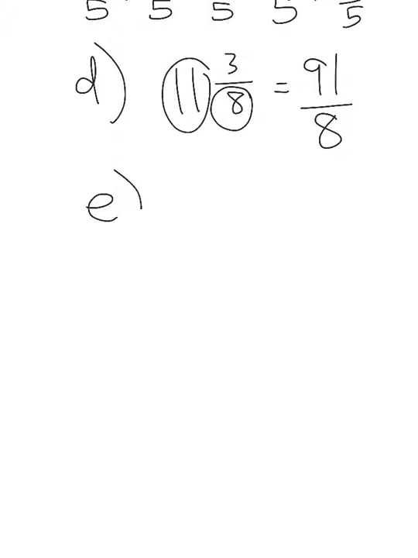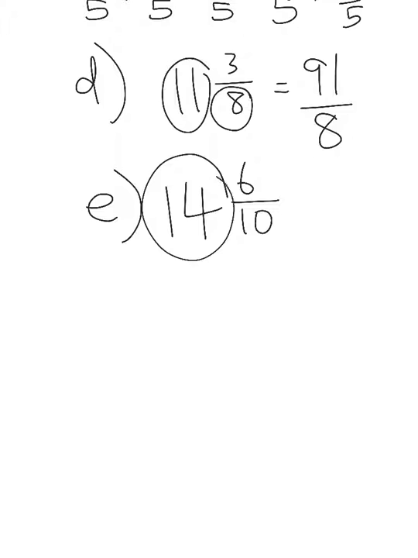And the last one, part E, is 14 and 6 tenths. Okay, so 14 times 10 is 140. Remember, when we multiply something by 10, we just add a 0. So 14 times 10 is 140, plus 6 is 146 tenths.